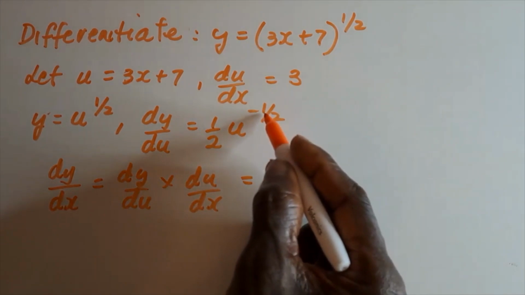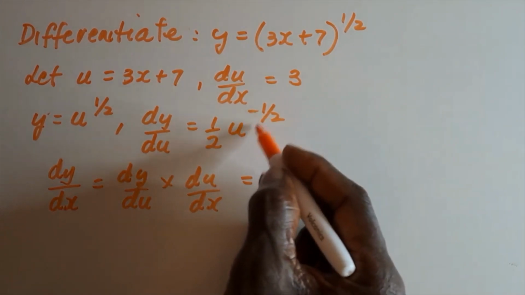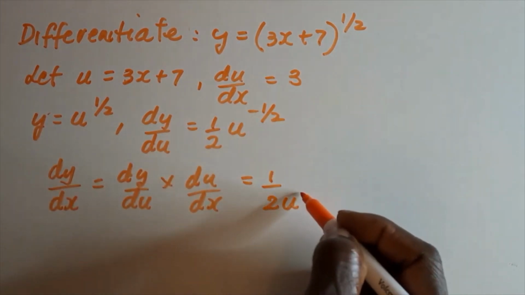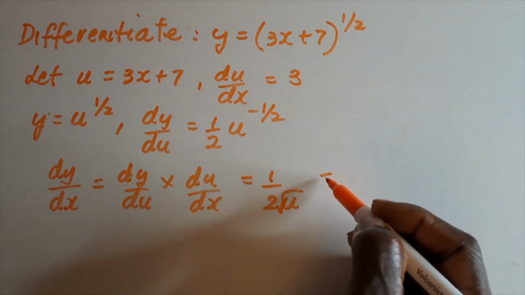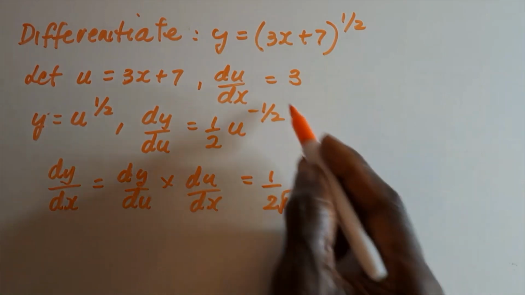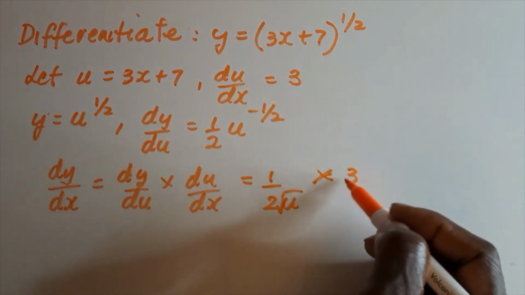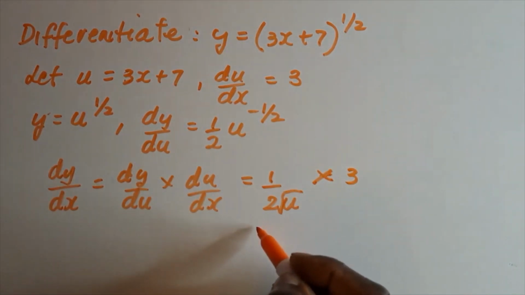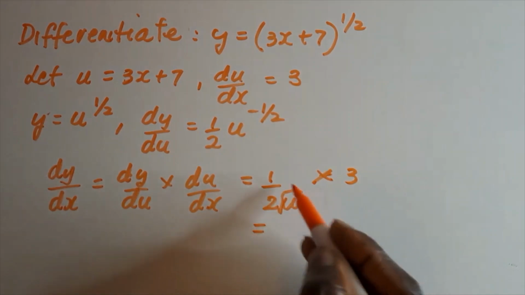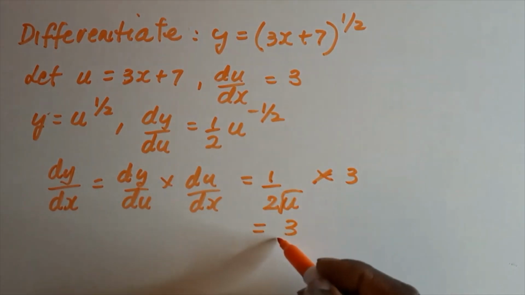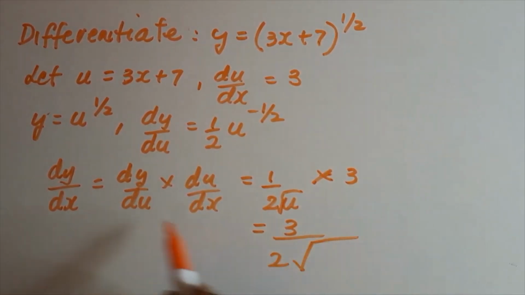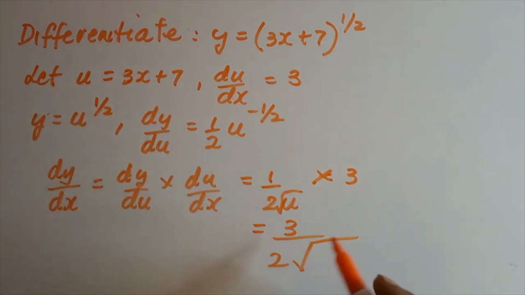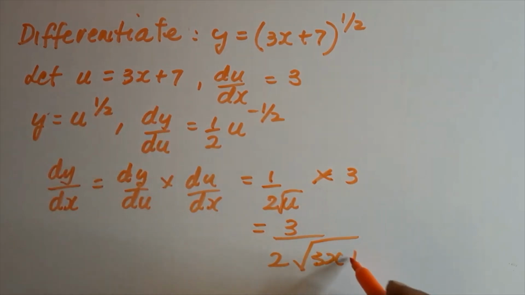We'll bring this into the denominator, so this becomes the square root of u, and this is times du dx, which is just 3. And we write this as 3 over 2 root, and we can substitute now for u, which is 3x add 7.